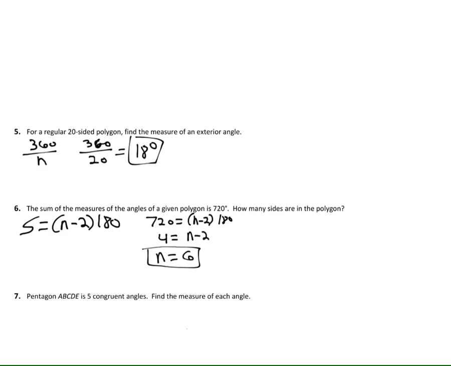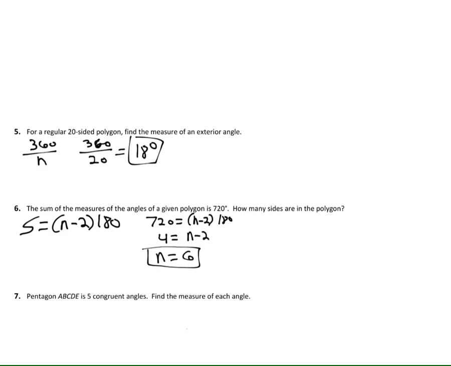And then lastly on number 7, it says pentagon ABCDE has 5 congruent angles. We need to find the measure of each one of these angles. So I know that if I have a pentagon, that means I have 5 sides, right? So that means I need to find the sum of the angles, and then I'm going to divide that by the number of sides.